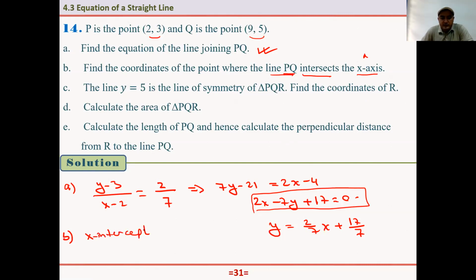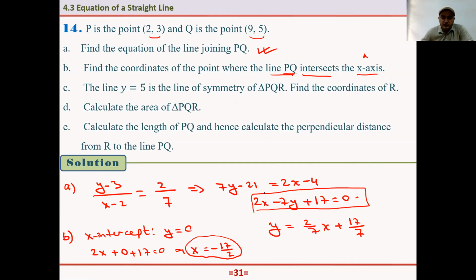To find the x-intercept, we know that y should be equal to 0, right? So if y equals 0, substitute here. So this will be 2x plus 0, actually minus 0, plus 17 is equal to 0. Now from here, x equals negative 17 over 2. So the line crosses the x-axis at this point.